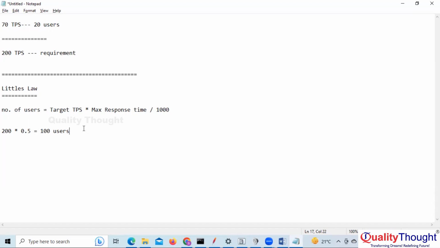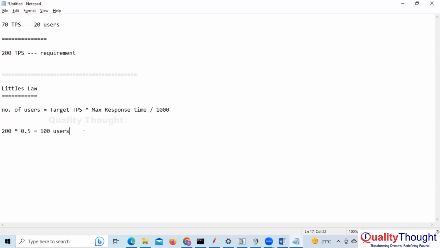Okay. So right at the beginning, we ask for the maximum number of users, because I think that is taken care of by a different team, right? So in this case, I might ask for 150 users, then calculate with 20 users for the correct target TPS, and then end up using 100 users.